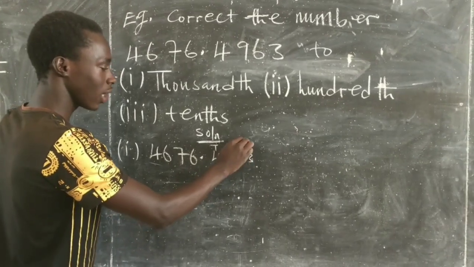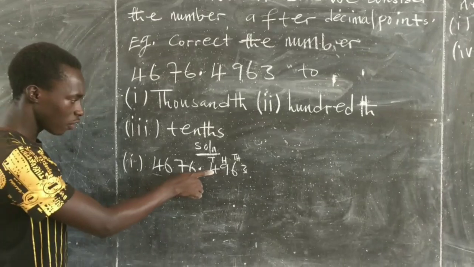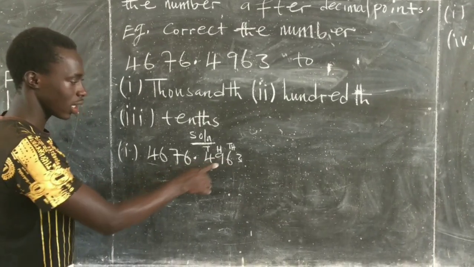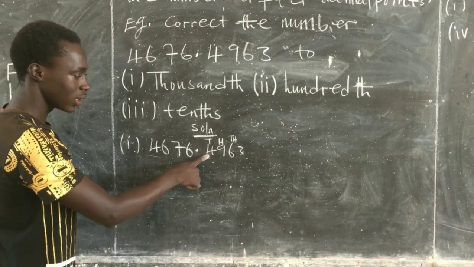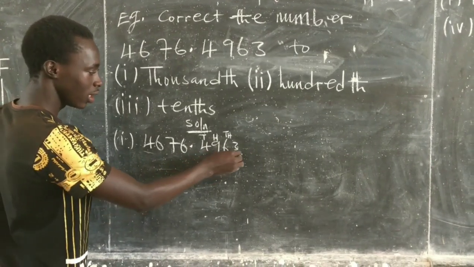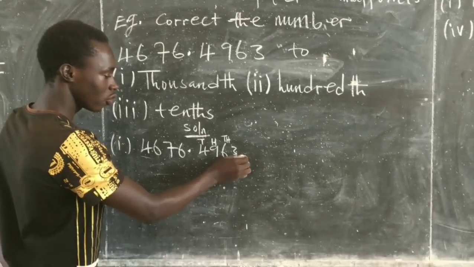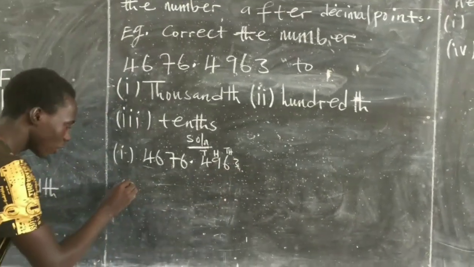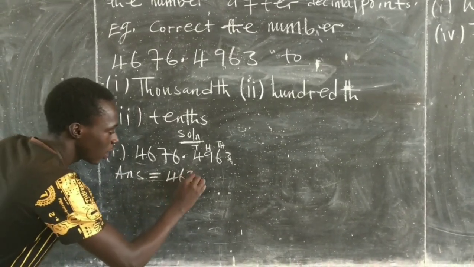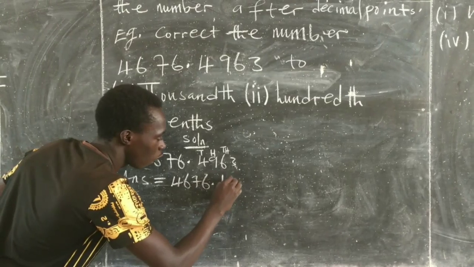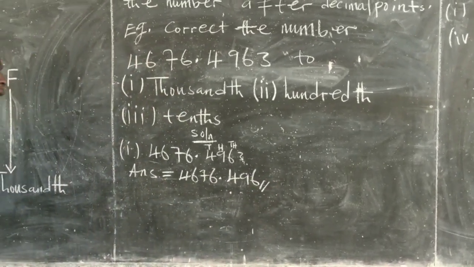The third one will be the 1000th. They ask us to take this to the 1000th digit. The next number after this 1000th digit is 3. It is less than 5. So therefore, we have to round down. Therefore, the final answer for this one will become 4676.496. This is the 1000th digit.